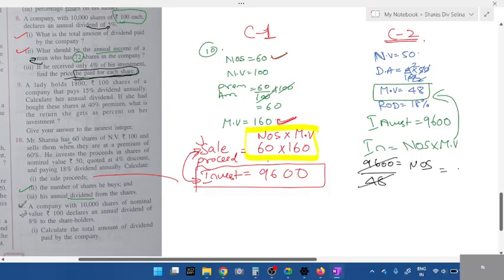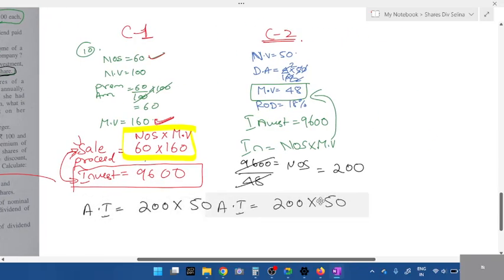What is number of shares? 200. So therefore, third one, annual dividend or annual income is equal to 200 into nominal value. We have to use nominal value here. What is nominal value? All of you will respond.